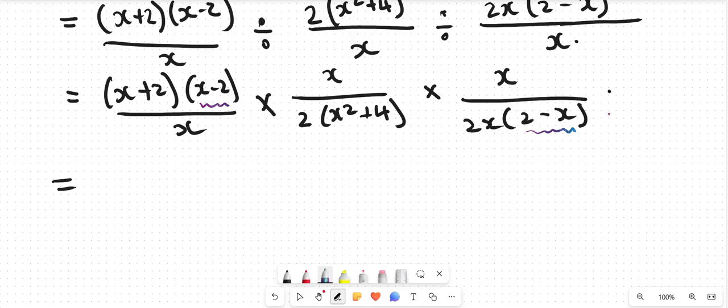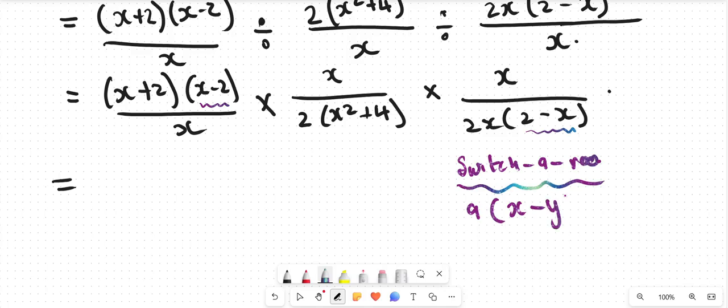So what I can do is I will use this rule called switcheroo. And what switcheroo says is, if I have a bracket and it says x minus y, and there's a number outside, or even if there's no number outside, if it just looks like this, then I can change the sign outside.